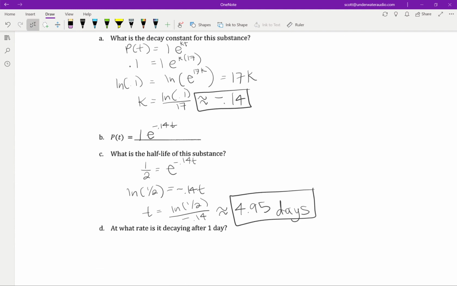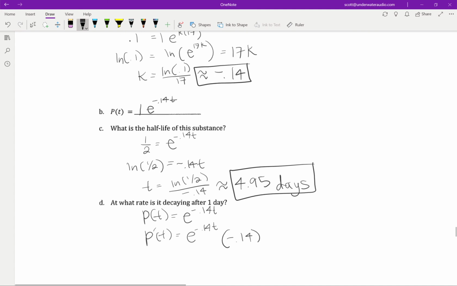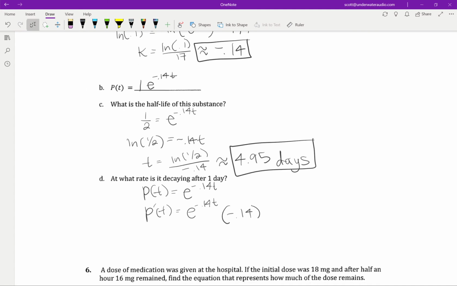At what rate is it decaying after 1 day? So P of t is equal to e to the negative 0.14 t. So the derivative is e to the negative 0.14 t times the derivative of the exponent, which is just negative 0.14. And then I want to know what rate it's happening at 1 day, so I just plug in 1.